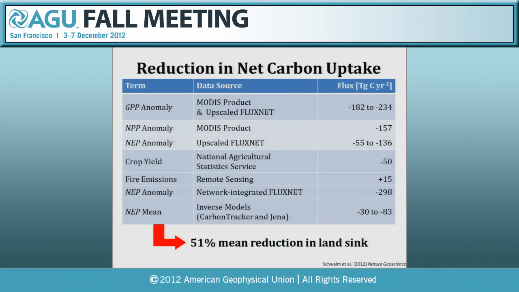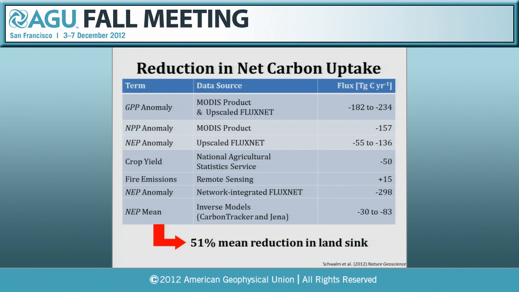So let's just briefly step back now and survey all of these various data products that I've used, particularly on the carbon side of things, to really understand the net carbon consequences. And what should be very clear here is that what happened during the turn of the century drought was that the land surface really was significantly degraded in its ability to scrub the atmosphere of CO2.